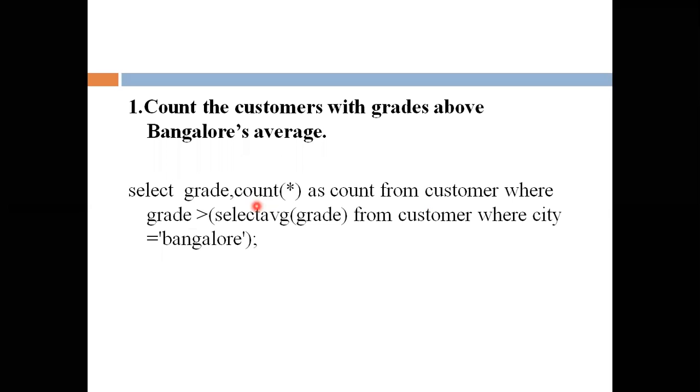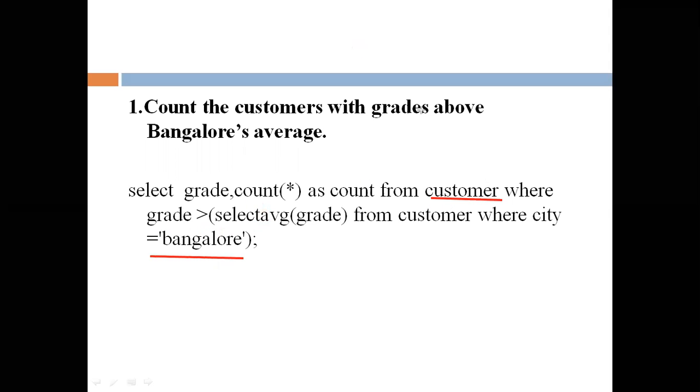Then I need to count the number of customers, so count from the table customer, where grade is greater than select average of grade from customer where city equal to Bangalore.